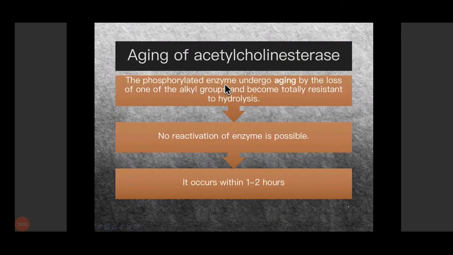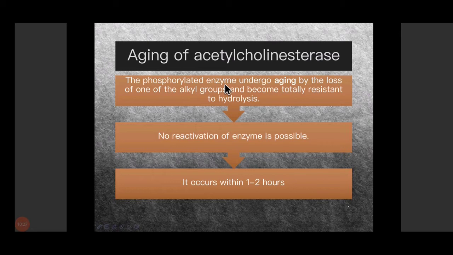Now, you will also come across this term known as aging of anticholinesterases. Why do we call that? What do we understand by aging? When the organophosphorus compound attaches itself to the acetylcholinesterase, it becomes phosphorylated.